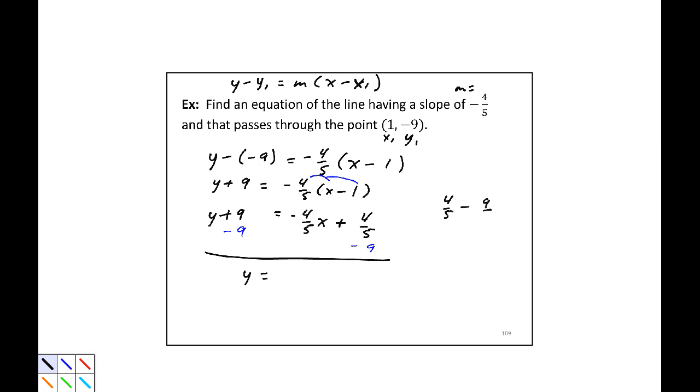It's 9 over 1. That would be 45. I'm going to multiply these by 5. Just some arithmetic over here. 4/5 minus 45/5 would be -41/5. So this equation is y equals -4/5 x minus 41/5.